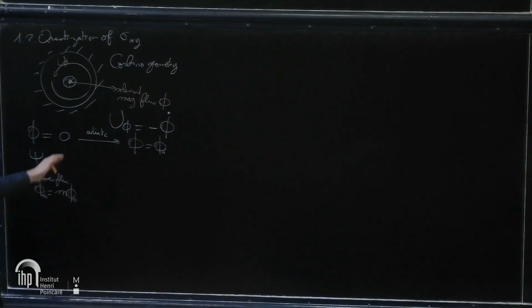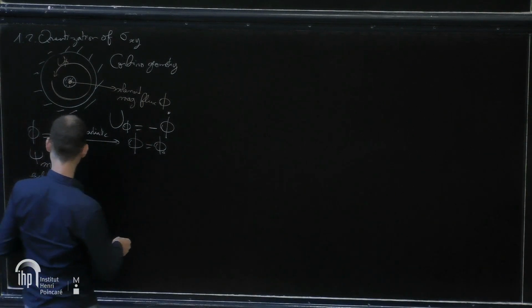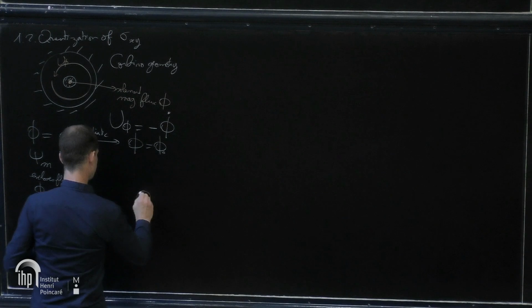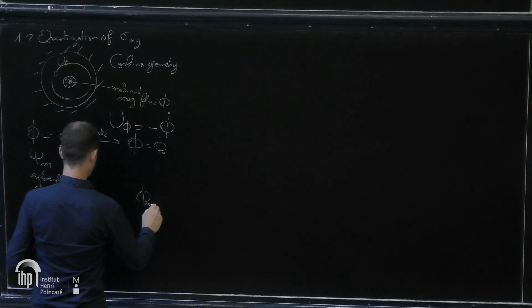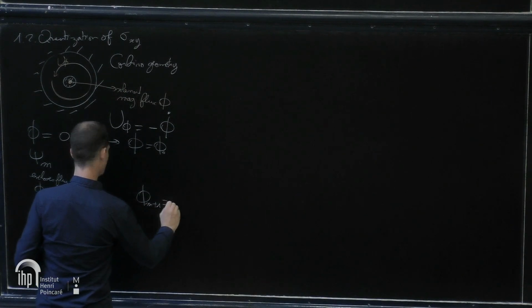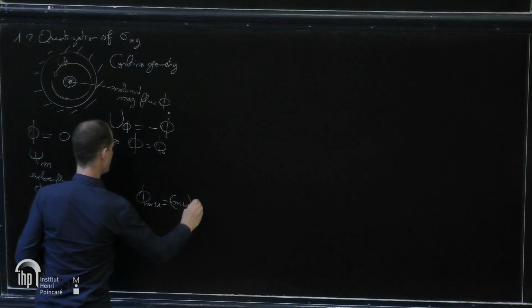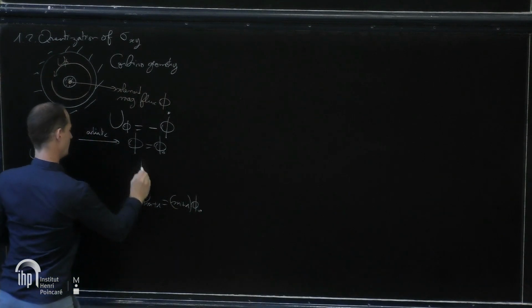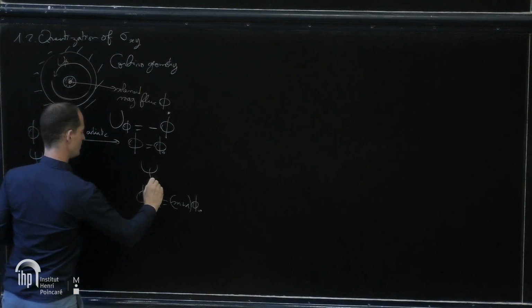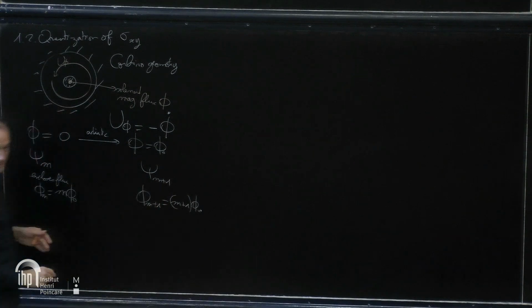So if I increase the flux inside this inner radius by 1 unit, I add phi 0, I have to end up in a state that will have a flux phi m plus 1 phi 0. And so necessarily, I have to transfer psi m to psi m plus 1. Okay?